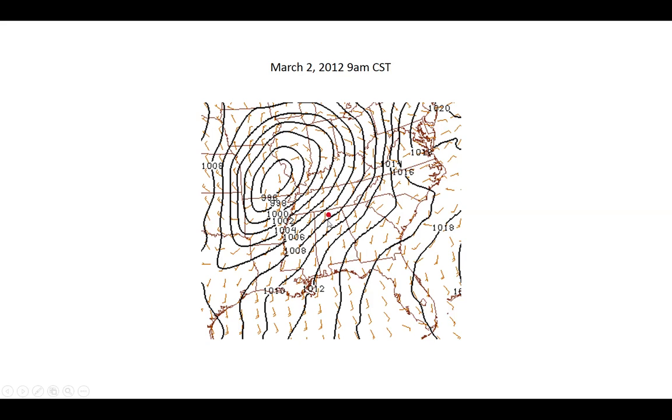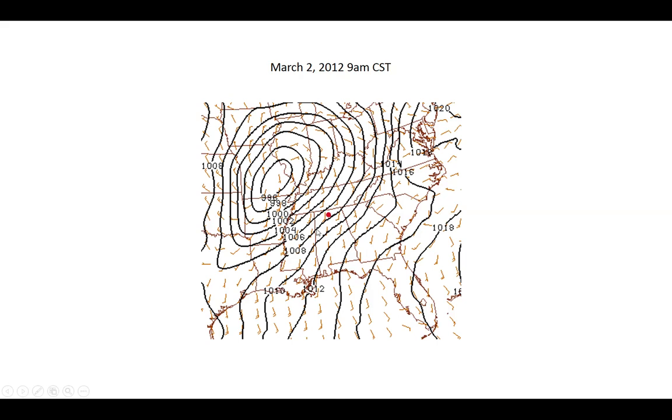But there's something very subtle that I want you to try to notice here. This takes practice, but this is one of the reasons why I'm doing this video, is to help you with the subtleties. Notice how, of course, Huntsville is just to the east of this red dot. The red dot is approximately the location of tornado genesis near Limestone County. But notice how the isobars kind of flatten out as you head east to west.